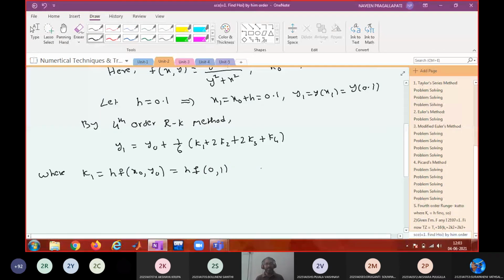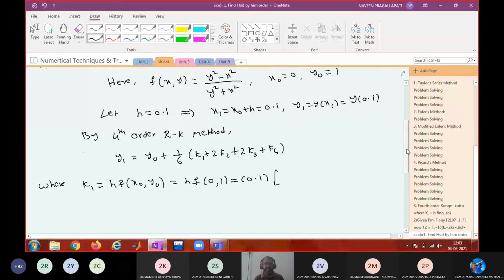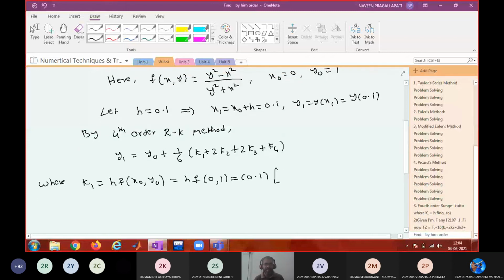I think that may be the easier one. f of 0 comma 1 means 0.1 into (y square minus x square) by (y square plus x square). That means (1 square minus 0 square) by (1 square plus 0 square), which is 0.1. Am I right?